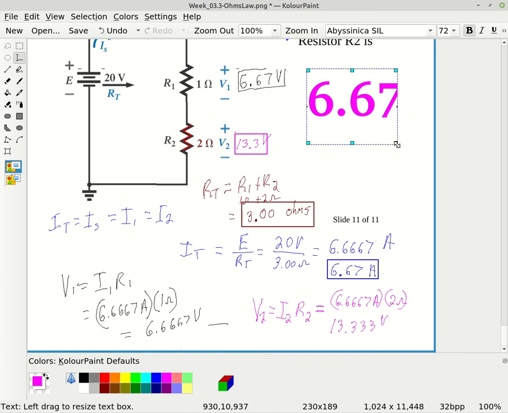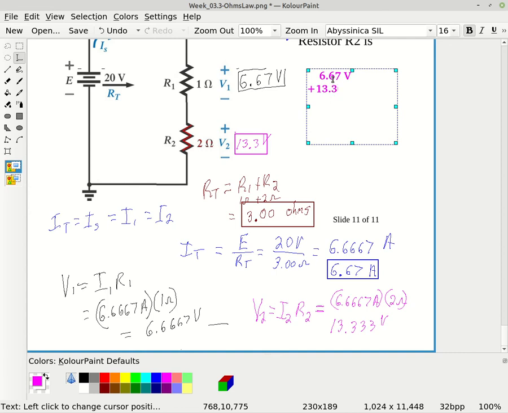So if I add these up, I'm going to have 6.67 volts, whoa, that's a big font, we'll shrink that down a little, plus 13.3.